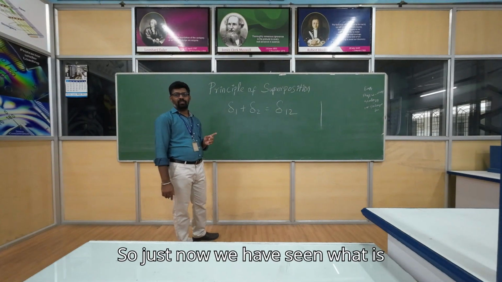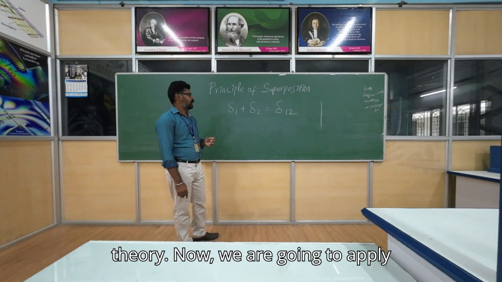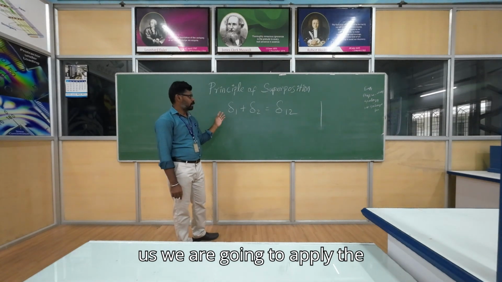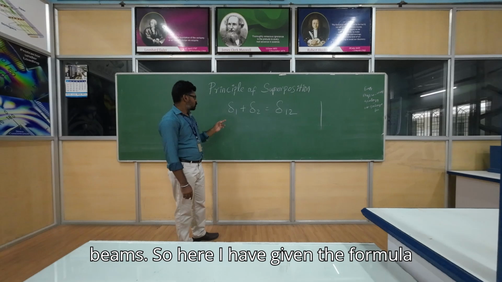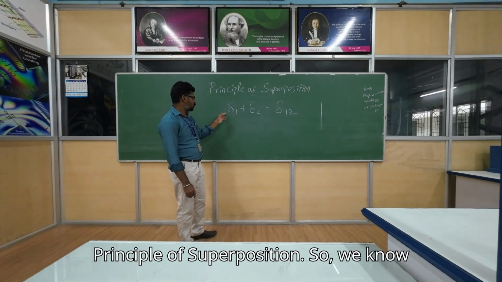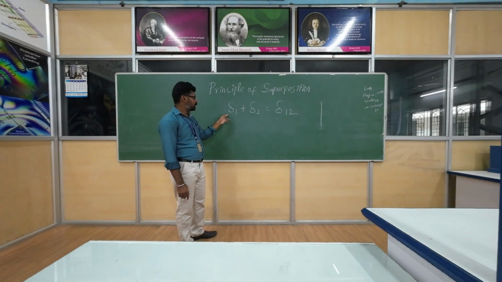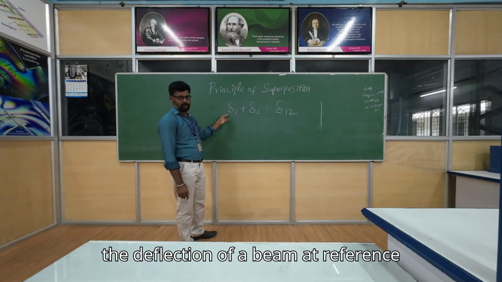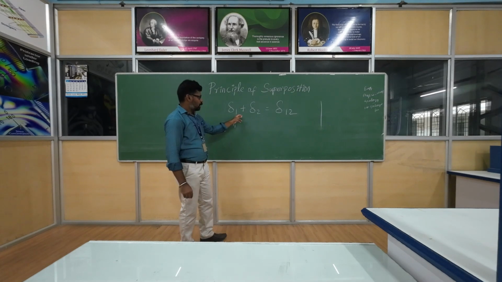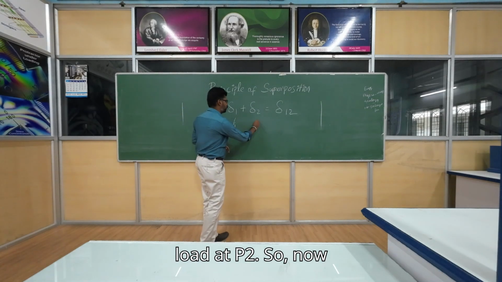Just now we have seen what the principle of superposition is, its applications, and its general theory. Now we are going to apply this principle of superposition in the deflection of beams. Here I have given the formula to understand the principle. Delta 1 is the deflection of a beam at the reference point due to load at point 1, say P1, and delta 2 is the deflection of the beam at the reference point due to load at P2.